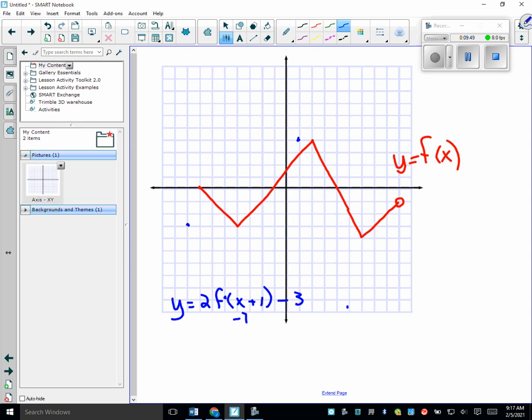It's going to go left 1. Chandler? You want to tell them what that one's going to do? It's going to go left 1.